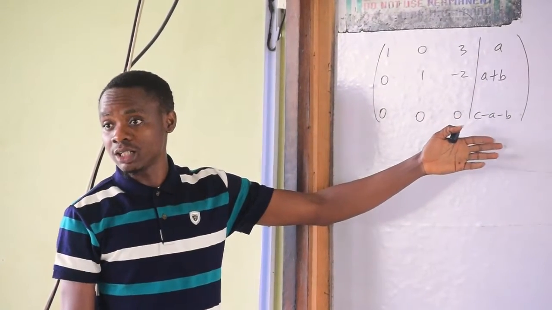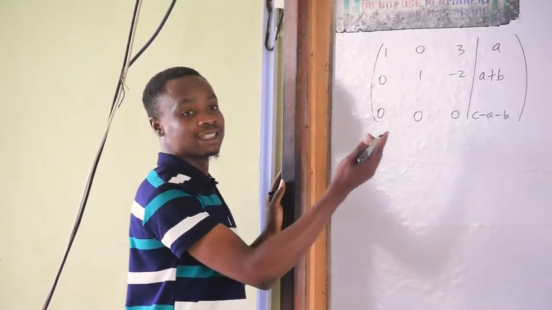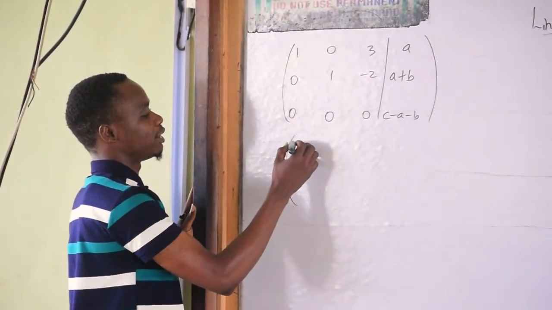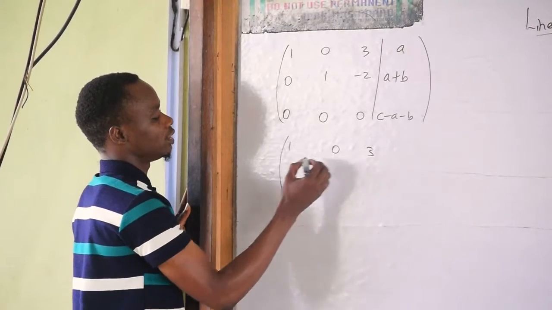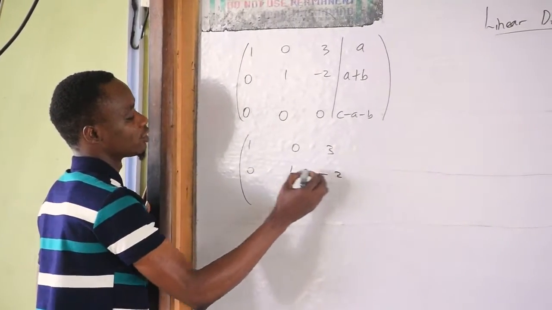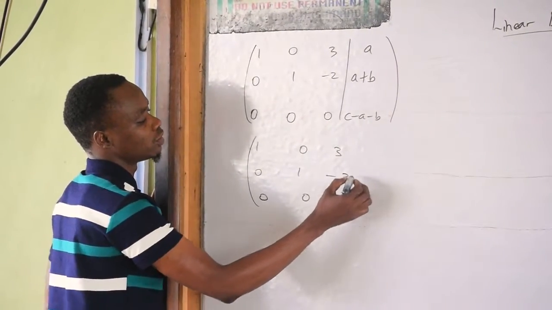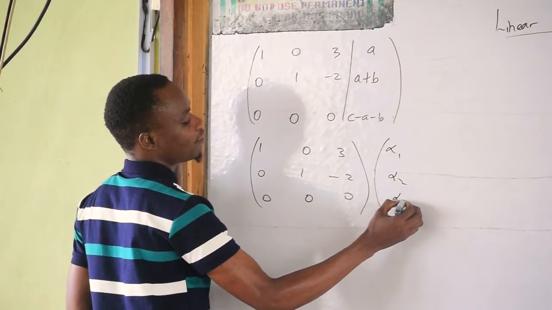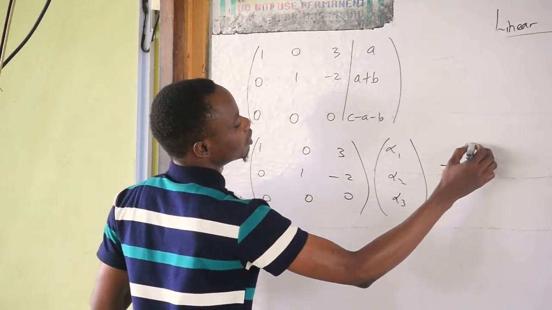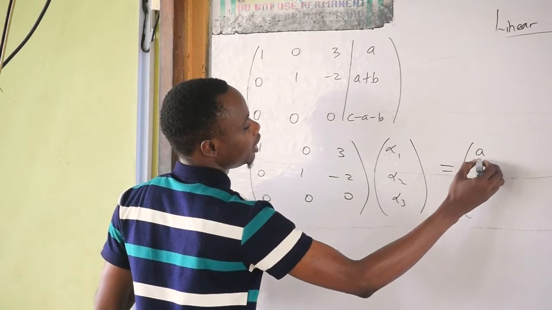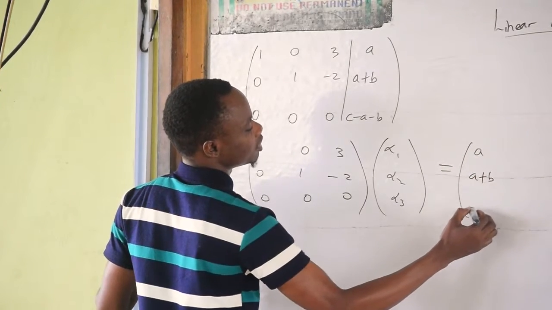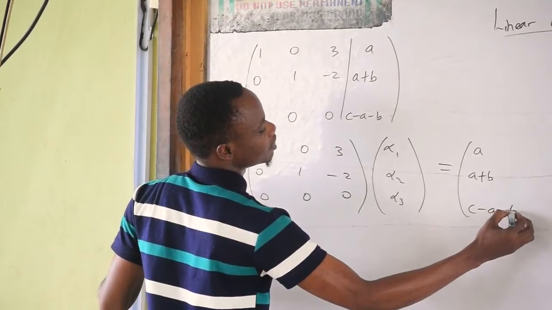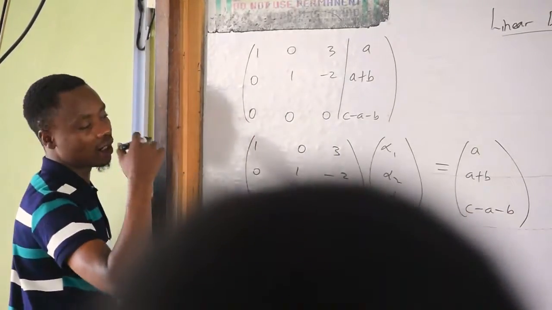Do you understand that? If you multiply this out, you know the meaning of this augmented matrix is 1, 0, 3, 0, 1, -2, 0, 0, 0 multiplying alpha 1, alpha 2, alpha 3 must be equal to A, A plus B, C minus A minus B. Is that clear?